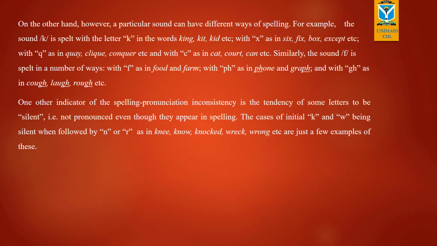One other indicator of the spelling pronunciation inconsistency is the tendency of some letters to be silent, that is, not pronounced, even though they appear in spelling. The cases of initial K and W being silent when followed by letter N or letter R. As in what?